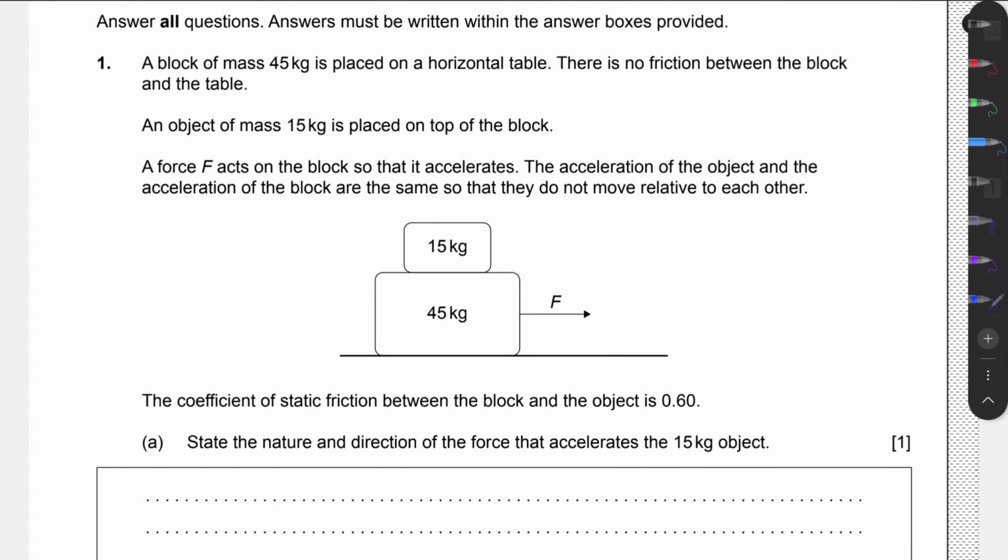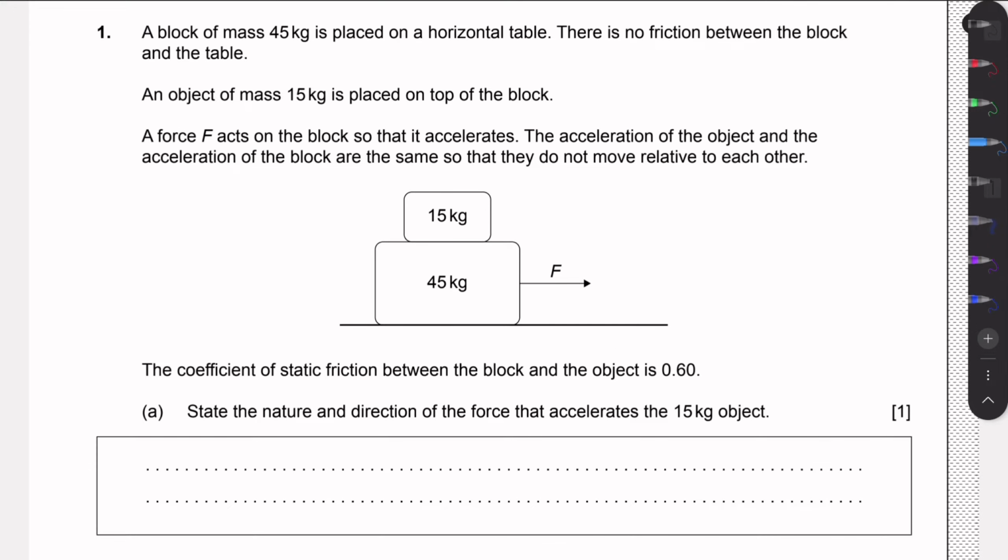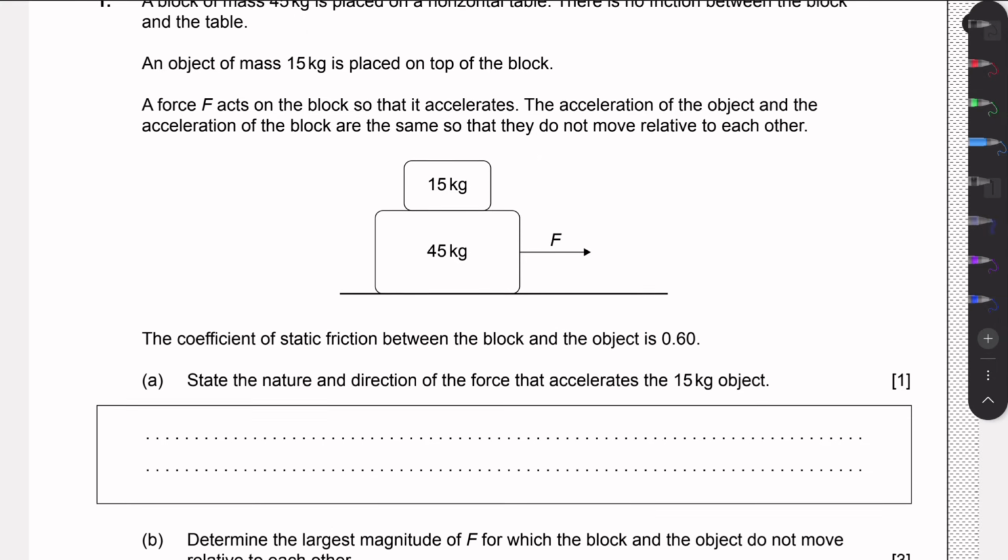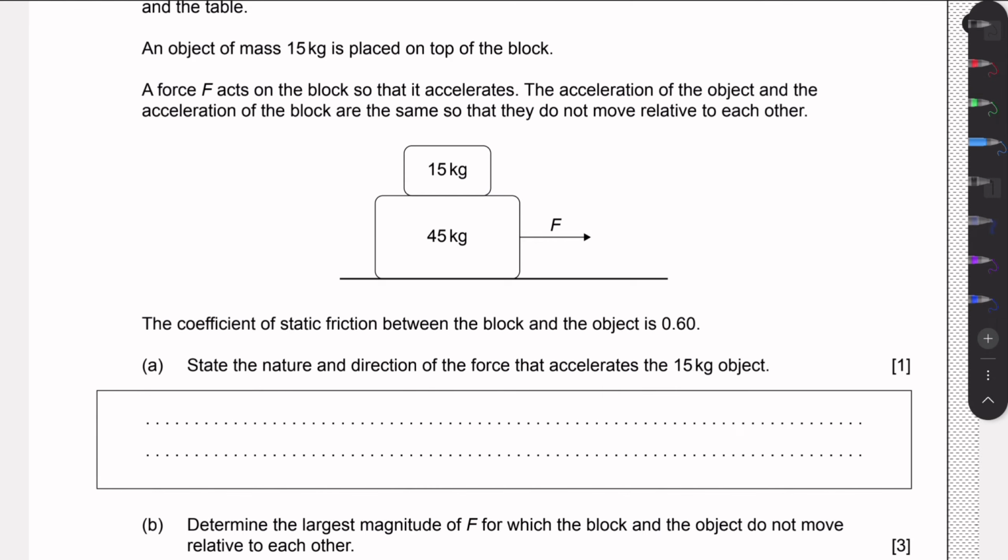So firstly we need to state the nature and the direction of the force that accelerates the 15 kilogram object. Well, obviously we see that there are no forces here, so we don't have a separate force accelerating the 15 kilogram object, yet it still moves together with this 45 kilogram block. The only way this is possible is if there's a frictional force.